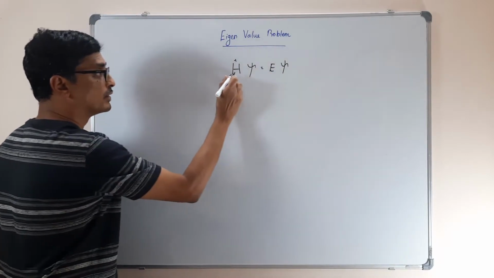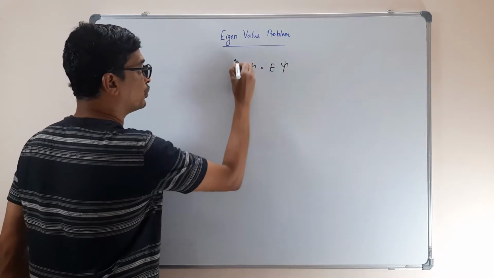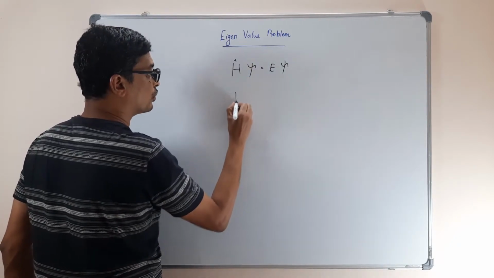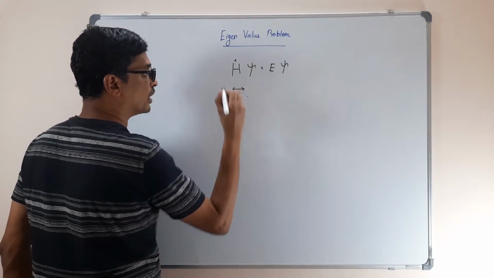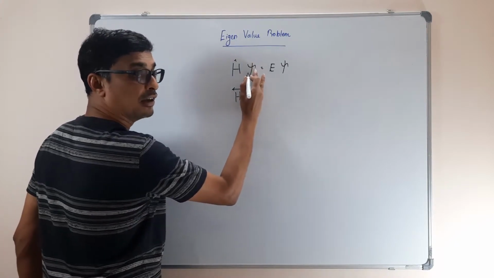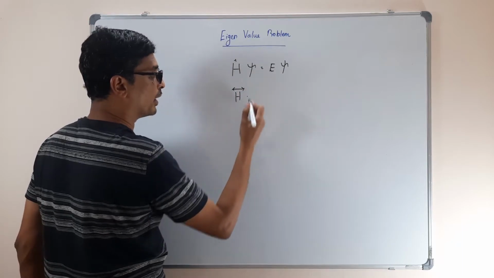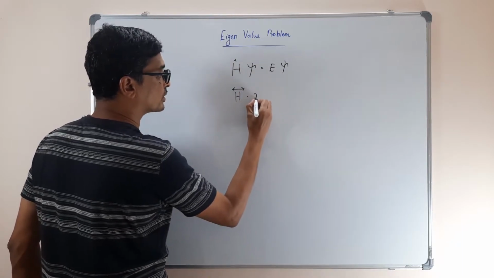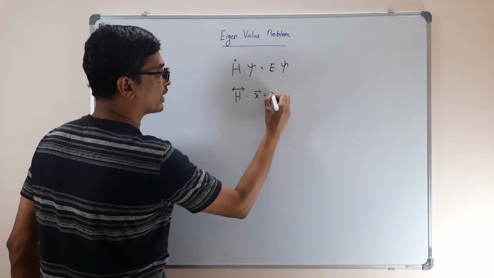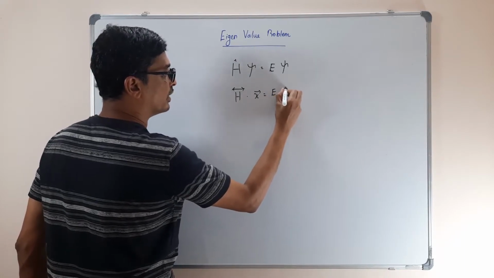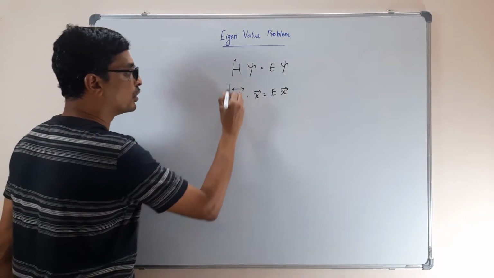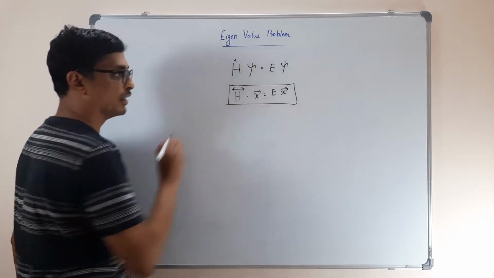So this is an operator, and an operator will usually be a matrix. In matrix notation, the state is a vector, so that will be a column matrix. I can write it as X, and the energy as some energy level corresponding to that state X. This is what we typically call an eigenvalue problem.